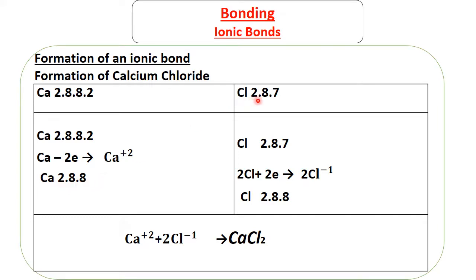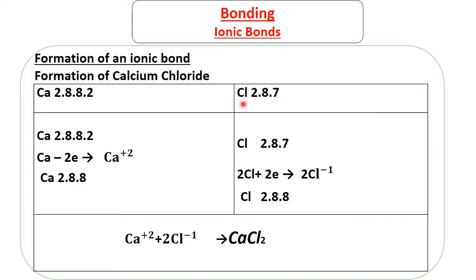Chlorine needs only 1 electron to be stable, but remember, calcium gave away 2 electrons. So how is chlorine going to form a bond with calcium when it only needs 1 electron? This is only possible if there are 2 chlorine atoms available.